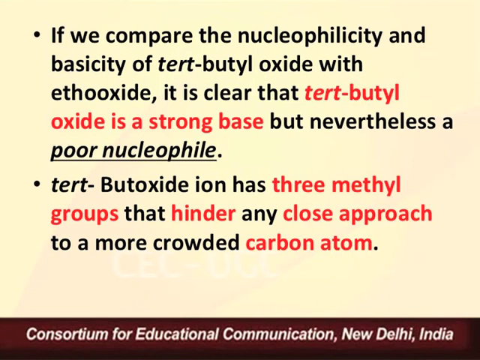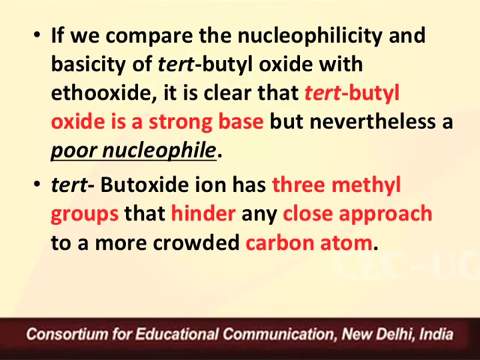So if we compare the nucleophilicity and basicity of tertiary butoxide with ethoxide, it is clear that tertiary butoxide is a stronger base, but nevertheless it is a poor nucleophile.